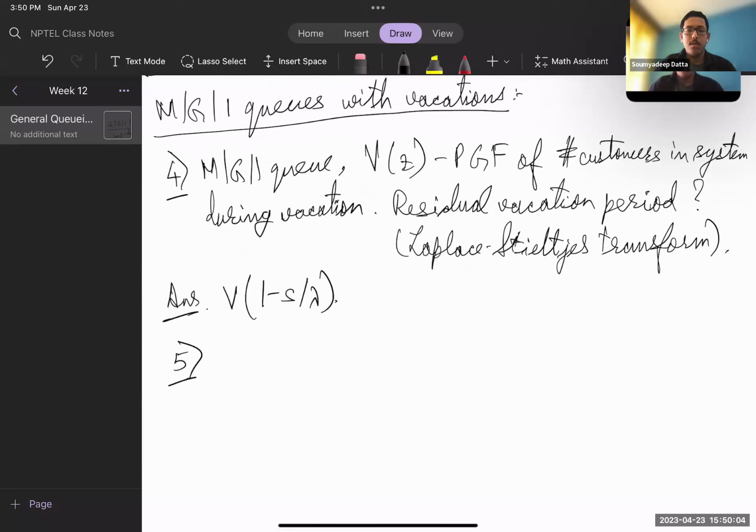So moving on. For an MG1 queue, this is another problem.